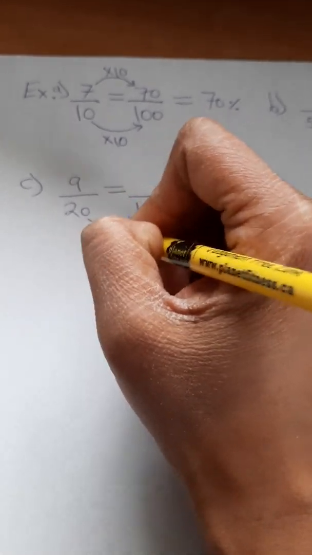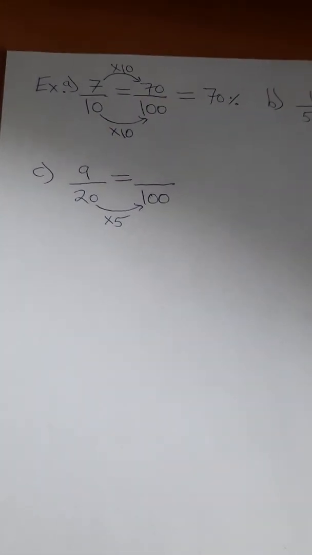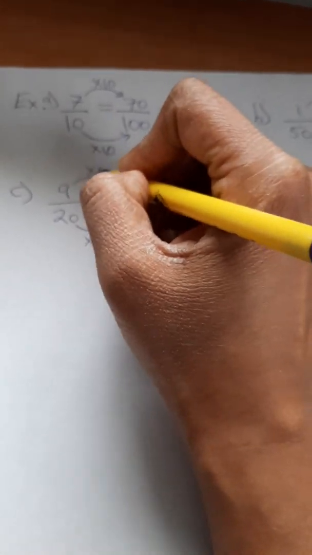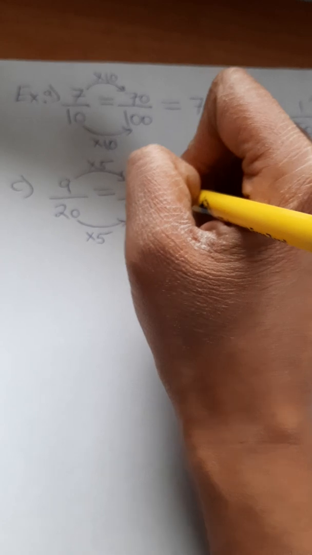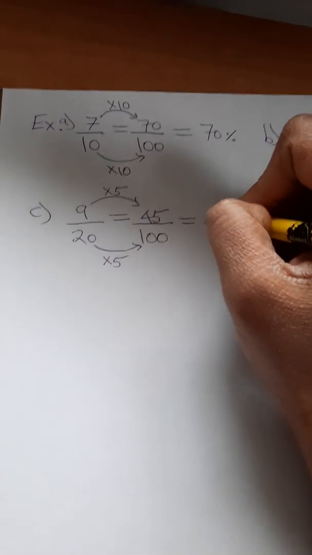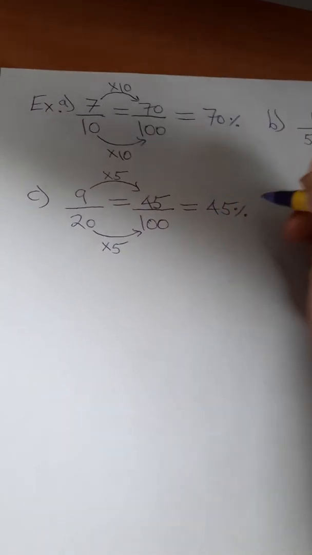So 20 times 5, which is 100. And we're going to do it on the top as well. So 9 times 5, 45. So my fraction is now 45 over 100. And I can see that this is 45%.